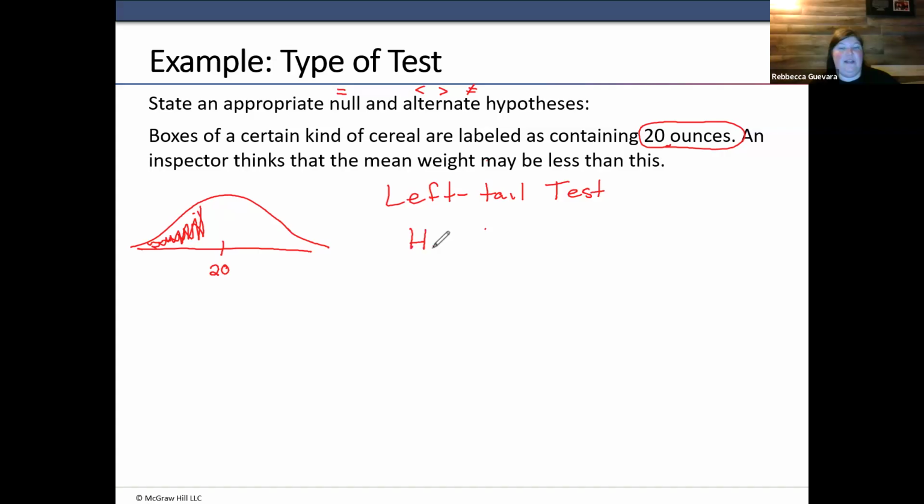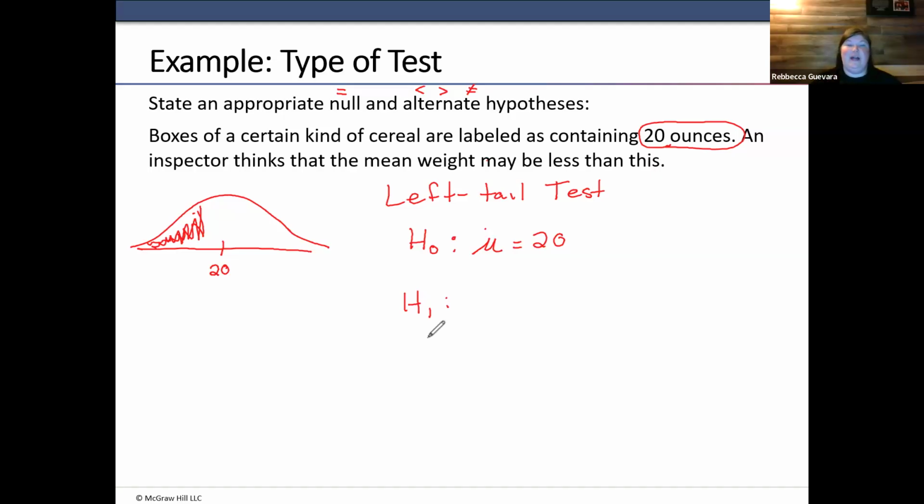And we have the two hypotheses. So null, that's my H with a 0. This is the one where nothing has changed. So everything stayed the same. So boxes of cereal say they have 20 ounces. Null hypothesis says, well, if I grab some boxes of cereal and I test them, I should find a mean of 20 ounces in all my boxes of cereal.